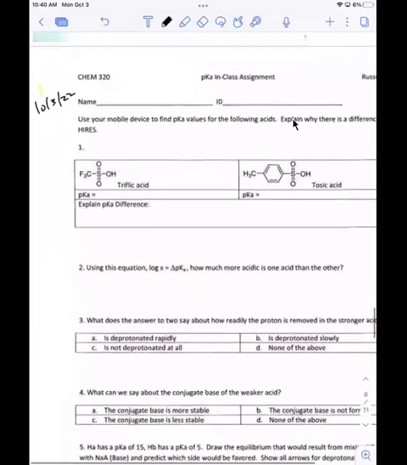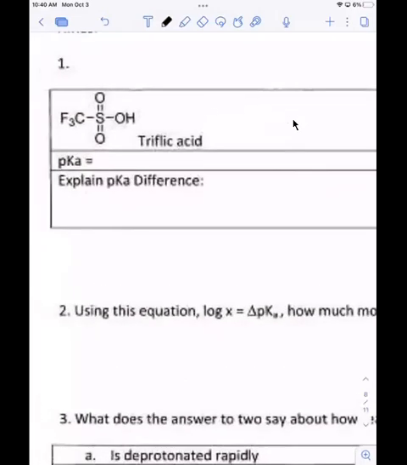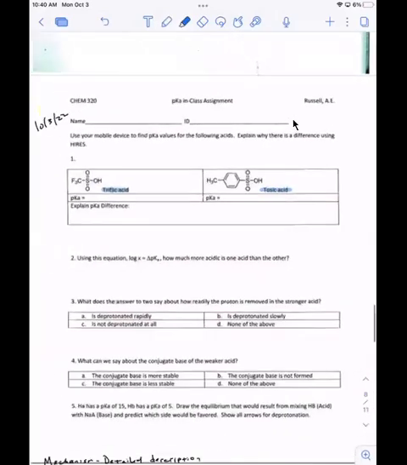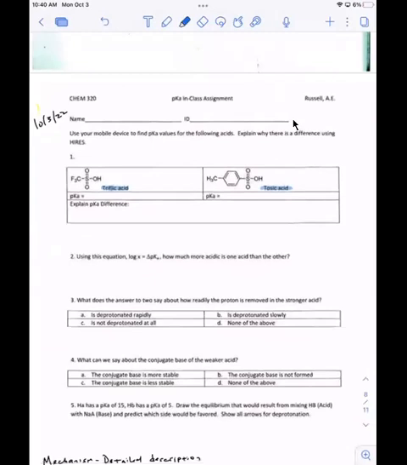All right, so somebody look up the pKa for triflic acid. And then somebody look up the pKa for tosic acid. Just Google it.